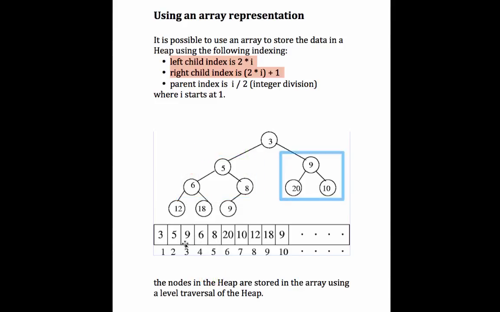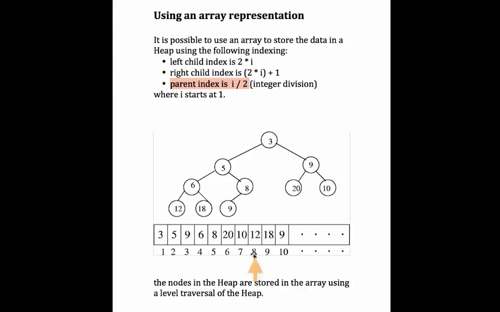What happens next? Go to 9 and try to figure out where the left and the right child of 9 will go using index 3. We also can use this formula to find the parent. It's very simple. We can find the parent by performing an integer division of I divided by 2.